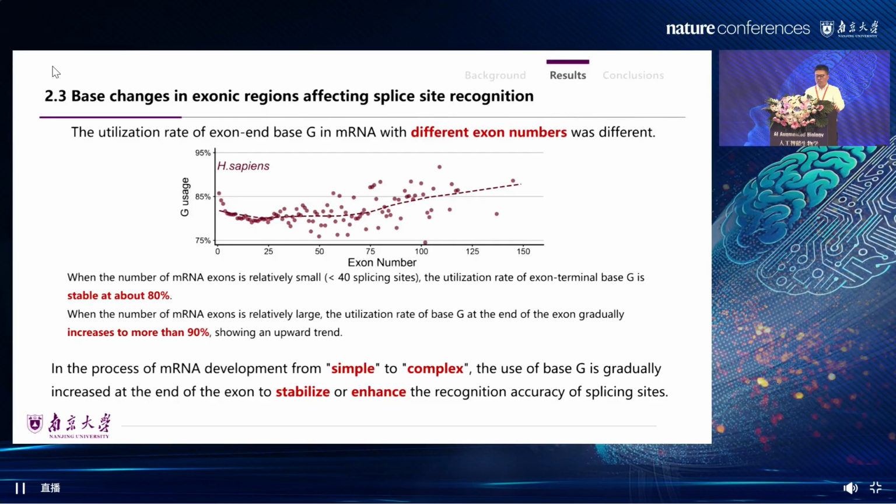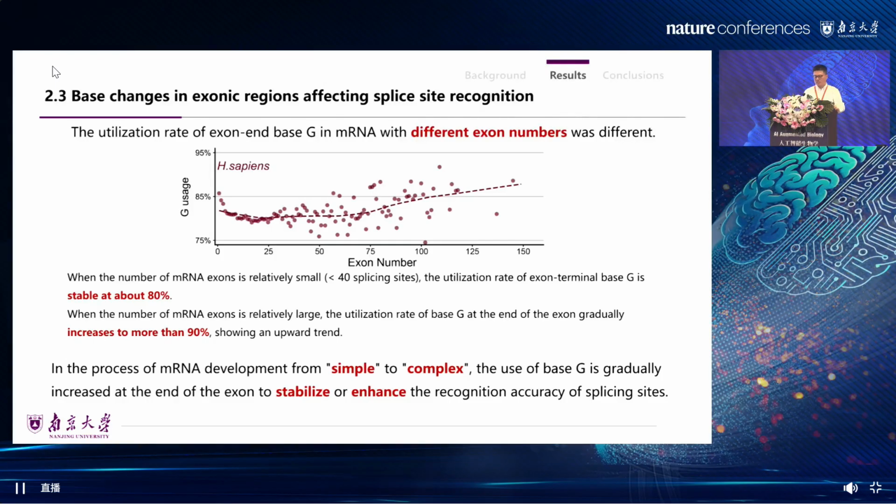We found that in genes with a relatively small number of exons, the usage of this terminal G is stable at around 80%. However, in genes with a very high number of exons, more than 70 splice sites, the usage of the terminal G increased to over 90%.